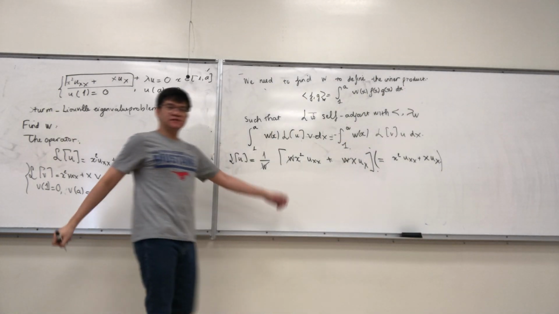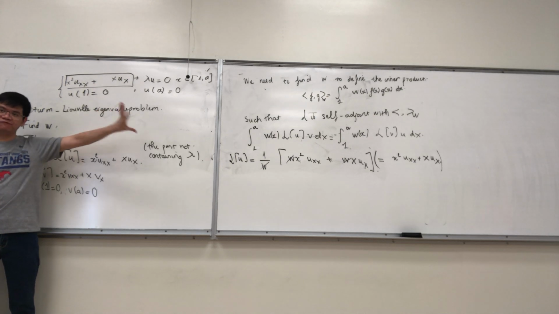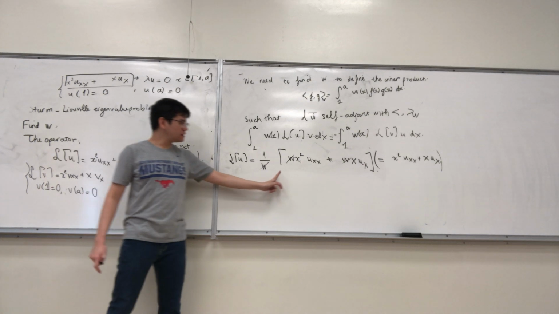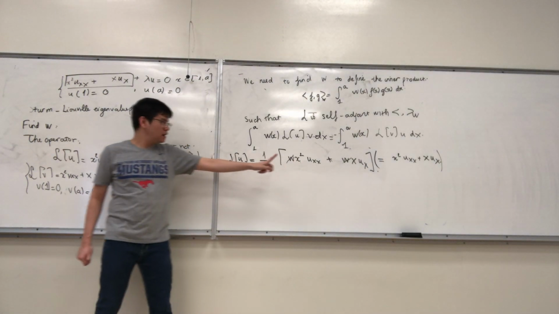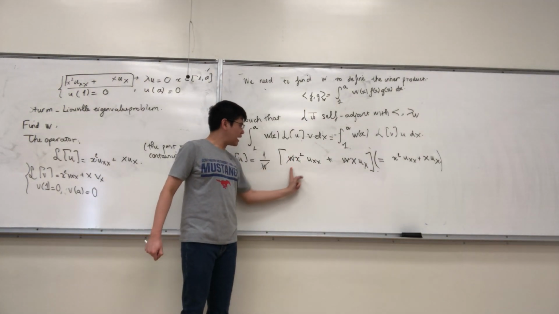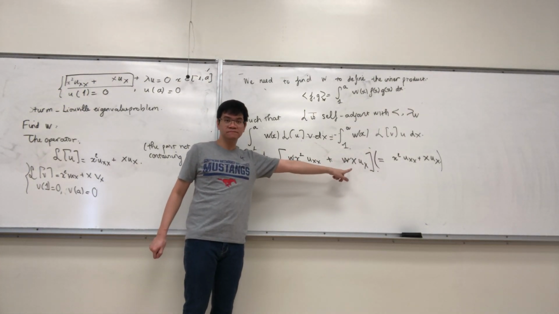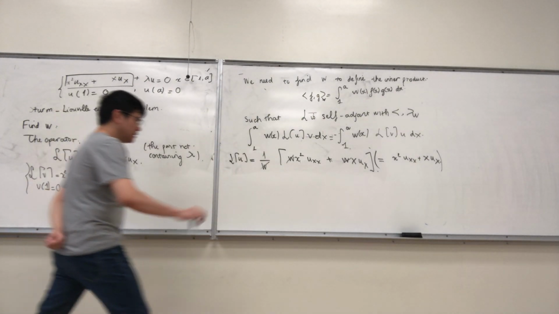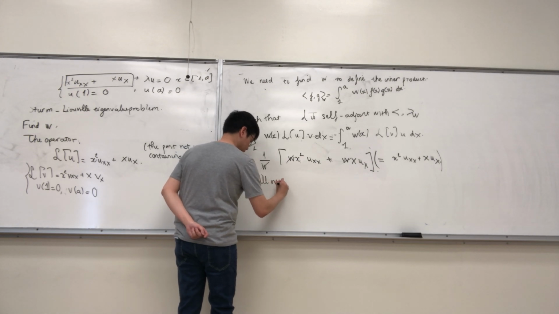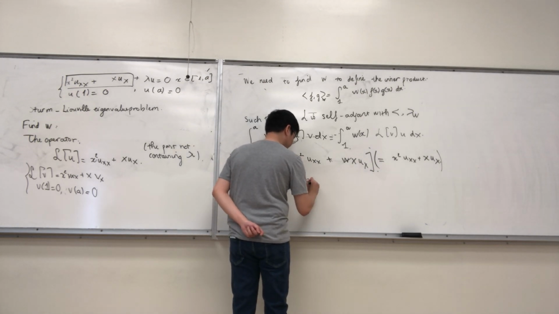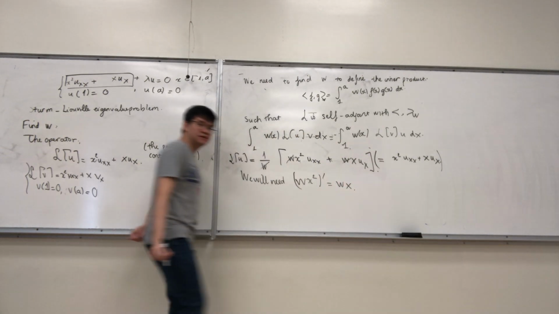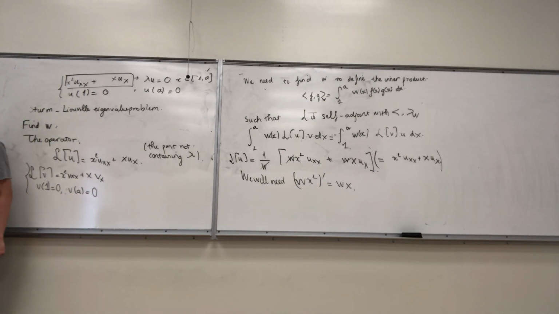So for the weight w, we follow the previous method. Here we divide by w, and here we have to multiply by w, right? And we will need (w x squared)' equal to w x. This is how we choose w, right?